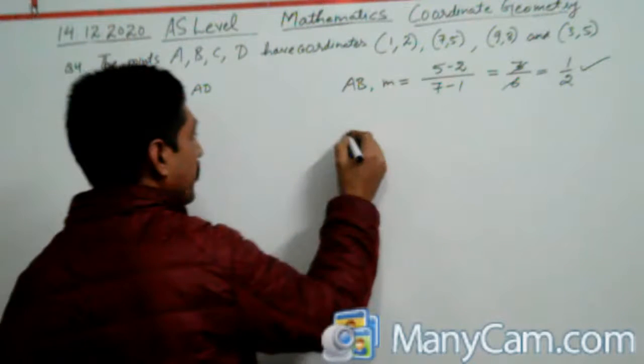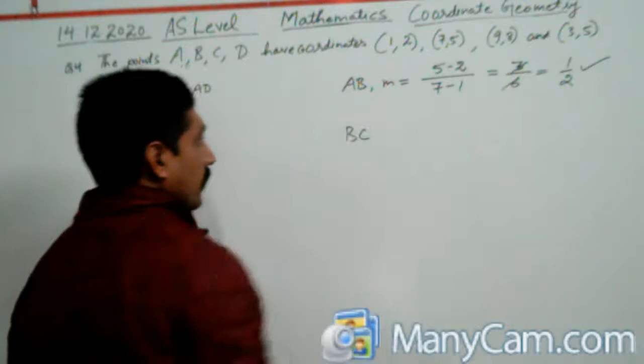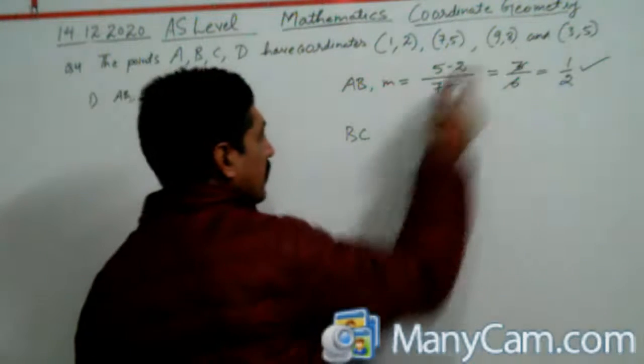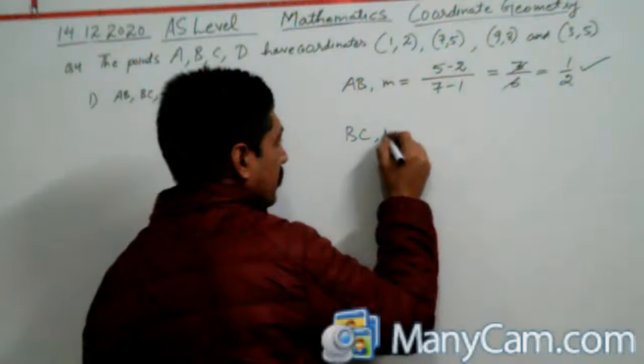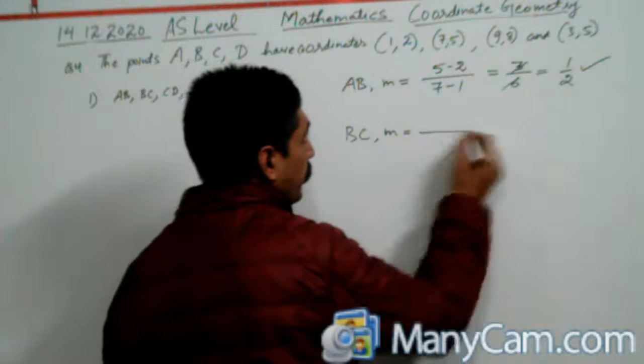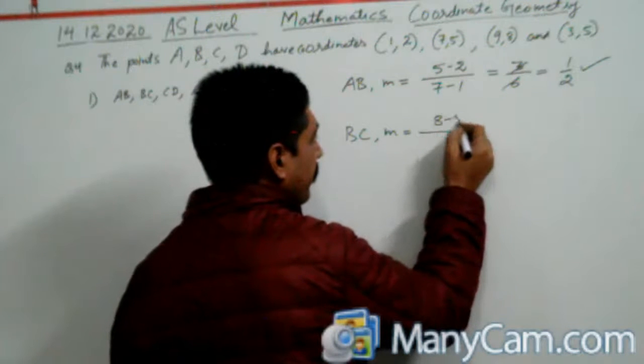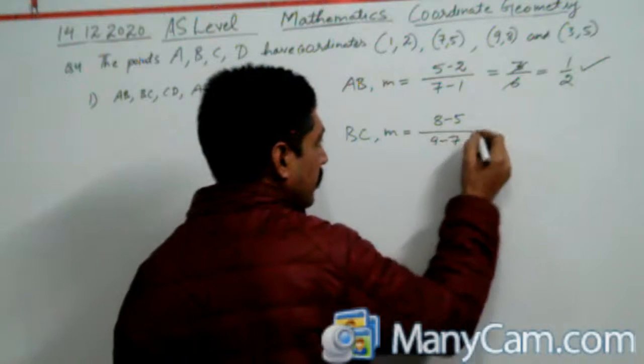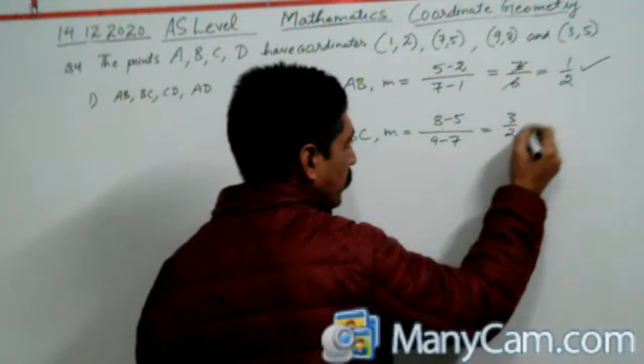Now what is the gradient of BC? The gradient of BC, m, is equal to (8 minus 5) upon (9 minus 7), so here 3 by 2 is the gradient.